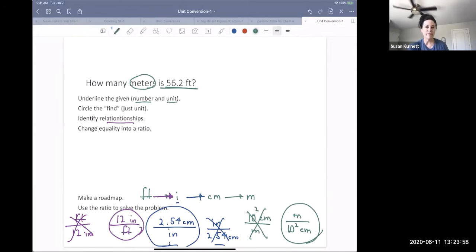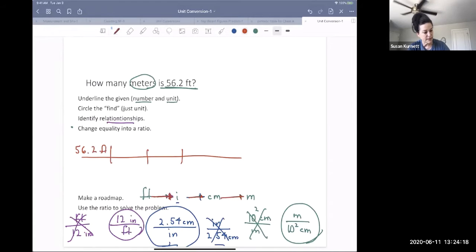Alrighty, so I have changed my quantities into ratios, and now we can make our train tracks. Because I have 3 arrows, 1, 2, 3, I'm going to need, so here's my given, 56.2 feet, a conversion factor here, and here, and here, and then we have an equal sign.